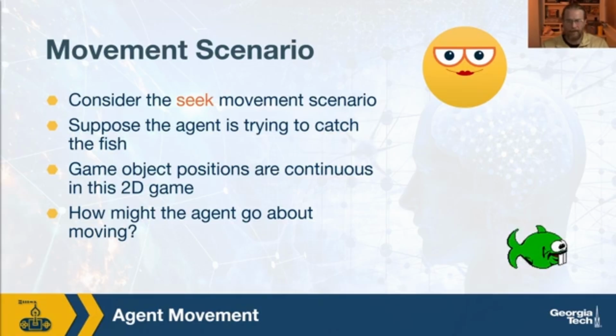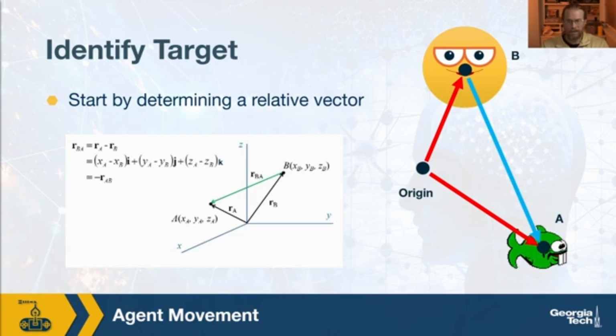So we can assume we have a position vector. So the origin, we know an offset in X and Y that can place our agent. So we probably have something like this. And we can do the same thing, placing our fish.